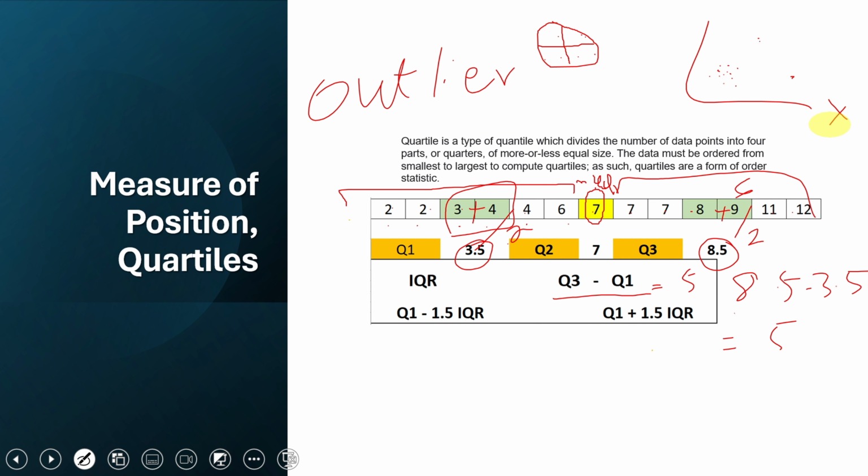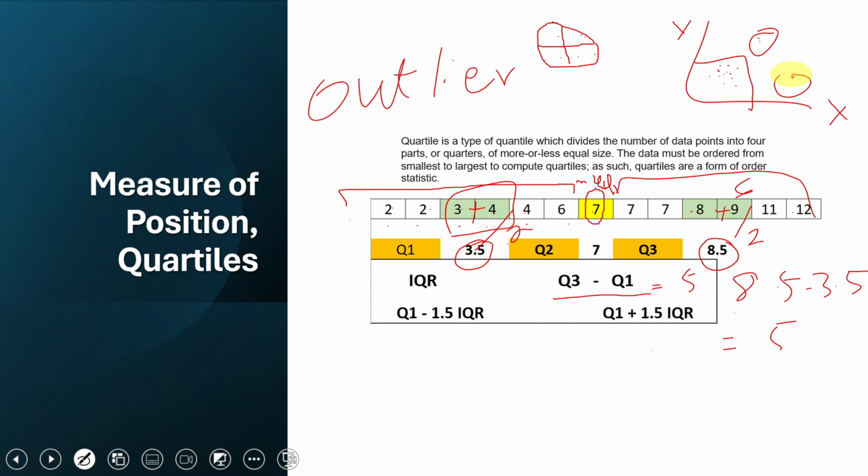This data is all equally divided, the position is the same. But this one and this one are your outliers because they are away from the data. That can be positive, that can be negative. You can have a negative outlier, you can have a positive outlier as well.